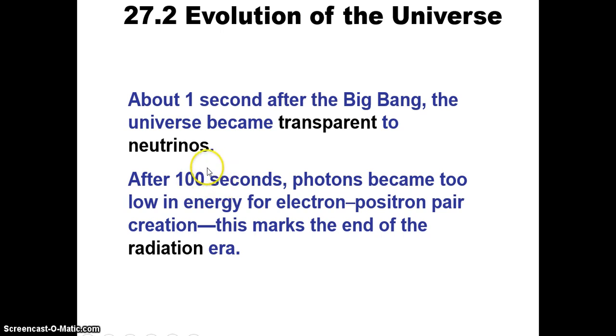The first 3 minutes is basically this 100 second period, or not exactly that, but back then it was called the first 3 minutes, and this is basically what that book was talking about: what was going on during the radiation period.